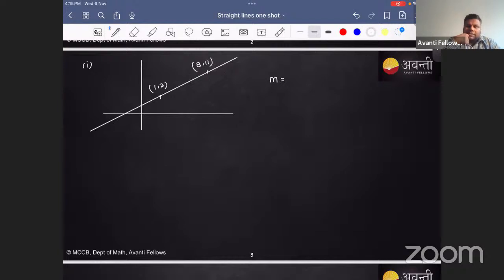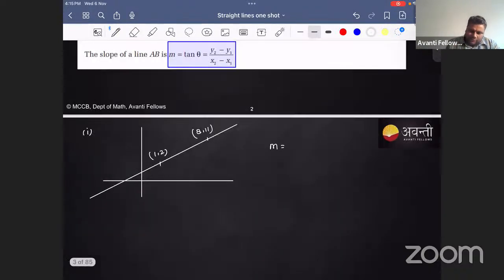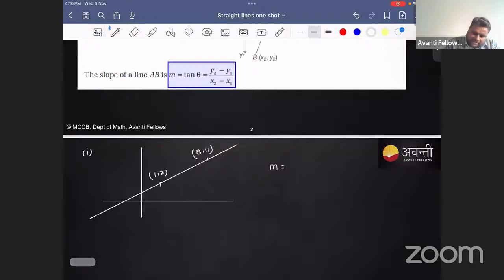You may give your answer in the comment section even. Slope, what did I tell you? y2 minus y1 upon x2 minus x1.